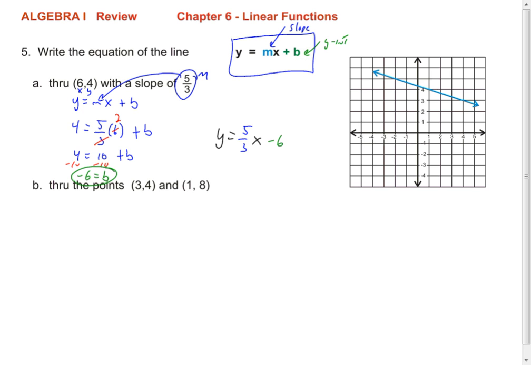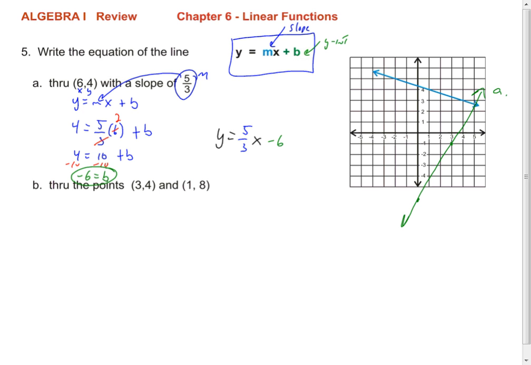So a y-intercept of negative 6, negative 4, negative 5, right about there. And we've got to use our slope, go up 5, 1, 2, 3, 4, 5, to the right 3, 1, 2, 3, and we got a point right there. And that's our line right there.